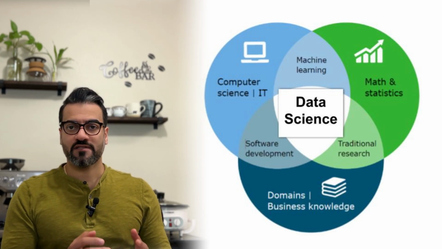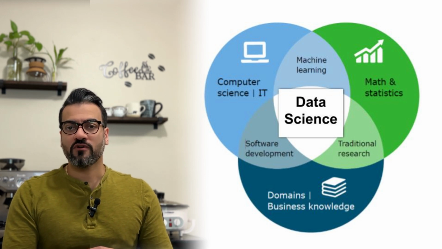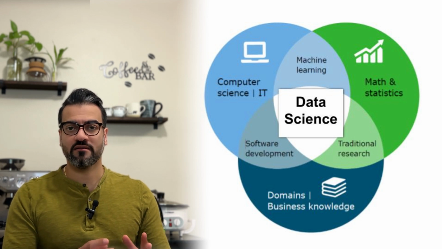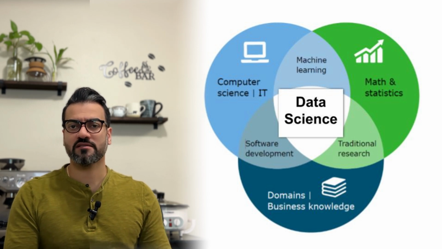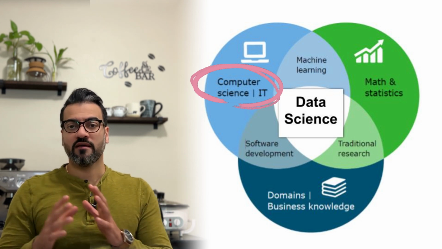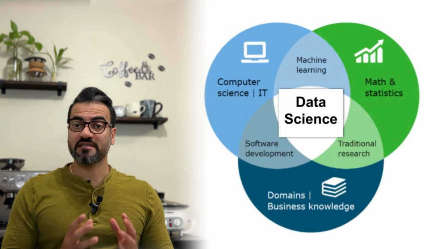And it really deserves its own explanation and understanding. So from artificial intelligence, we go to data science, and data science has three main aspects: the software engineering or IT side, then the mathematics and statistics knowledge, and then the business knowledge.